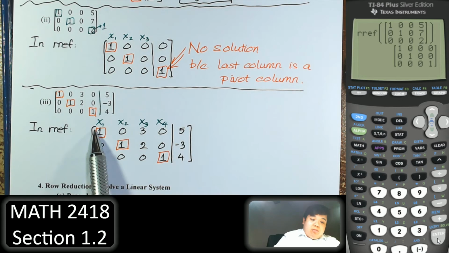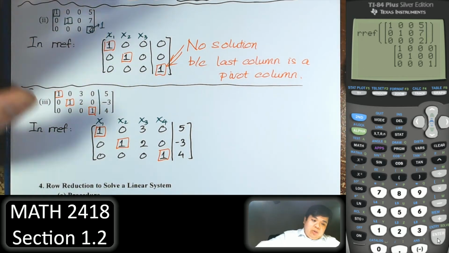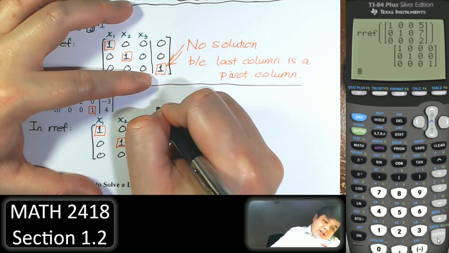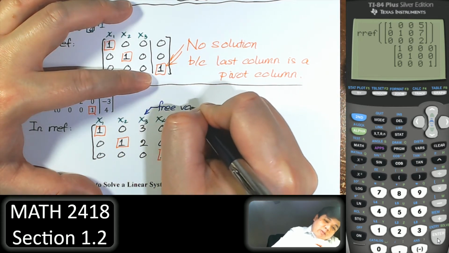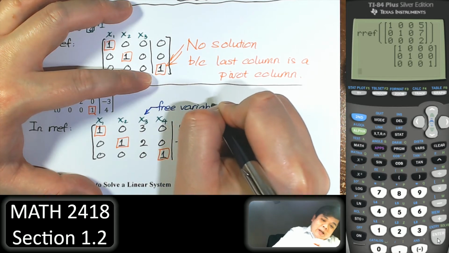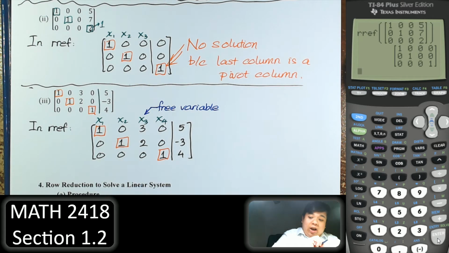So x1 is basic, x2 is basic, x3 is free, x4 is basic. So this will have a free variable. What that means is the solution will be in terms of that free variable x3.